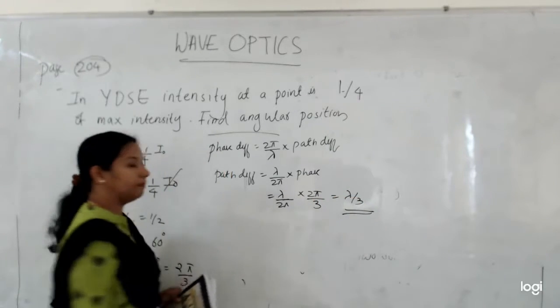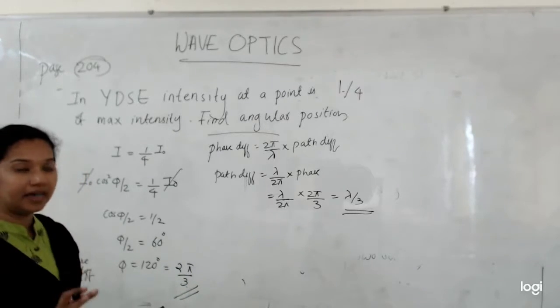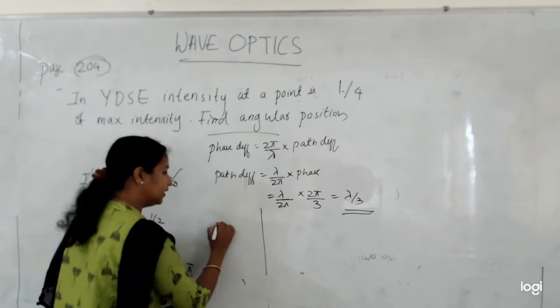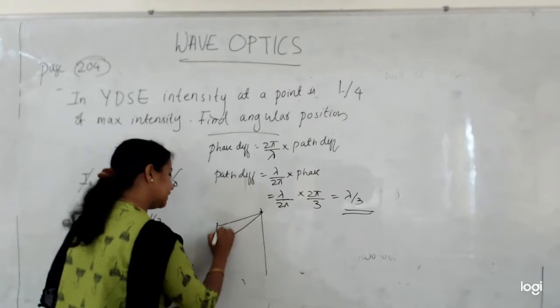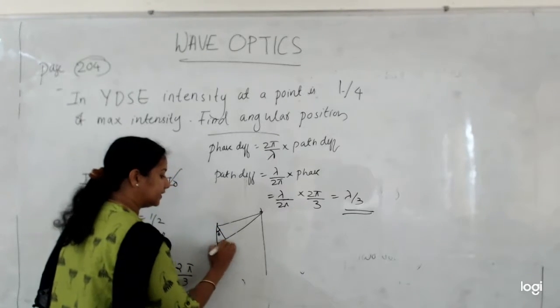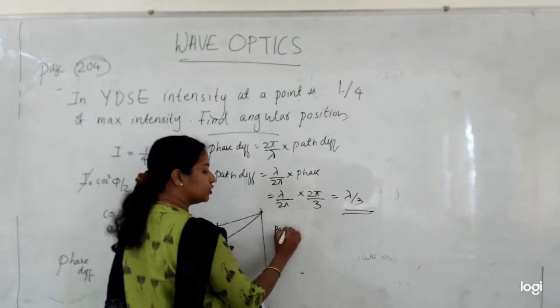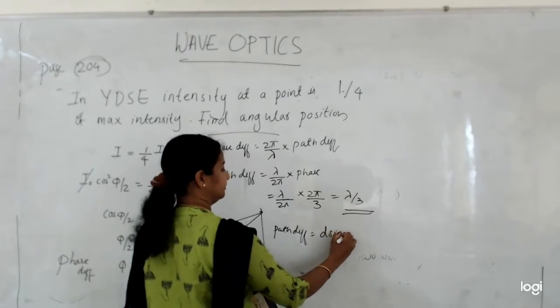I got the path difference. Then we know that normally, in Young's double slit experiment, if you take this point, and this is theta, this is nothing but d sine theta. That is the path difference. So the path difference can also be written as d sine theta.